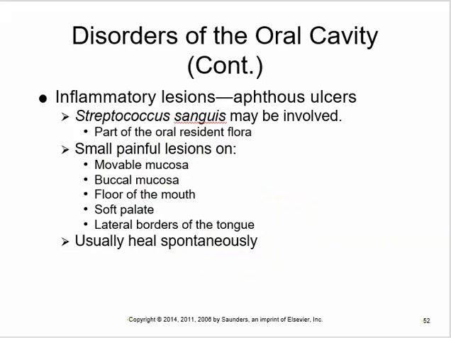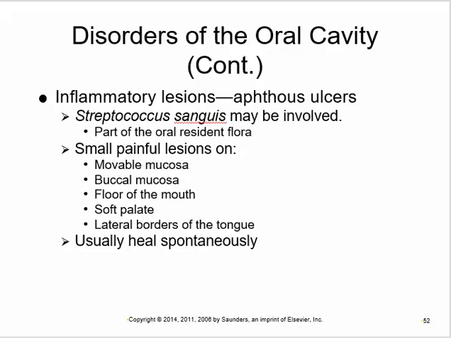We can have inflammatory disorders of the mouth. One of the most common inflammatory lesions is an aphthous ulcer, which is really just a canker. Strep may be involved.